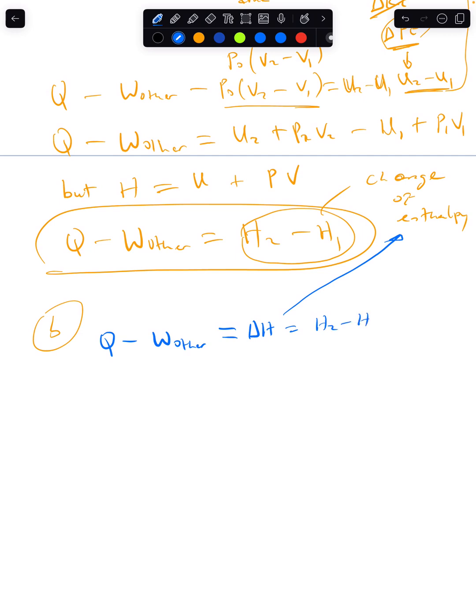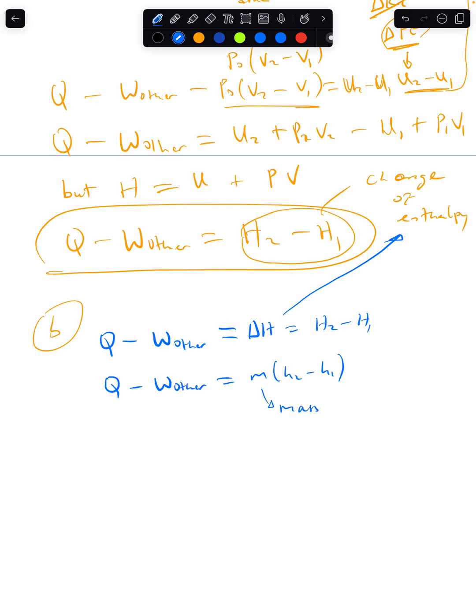H2 minus H1. And this formula can be written in this form. Heat minus work for other substance can be written as what? Because the system has a mass, and because it has a mass, it has enthalpy. I may write it as such: mass into what? H2 minus H1.